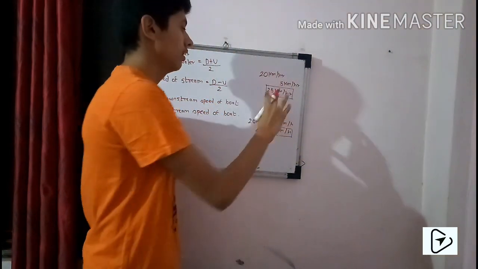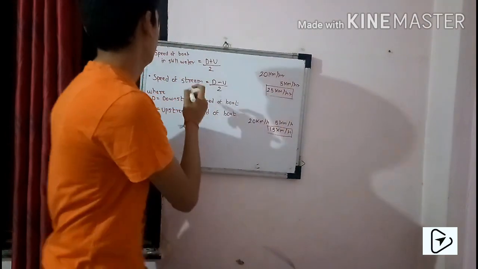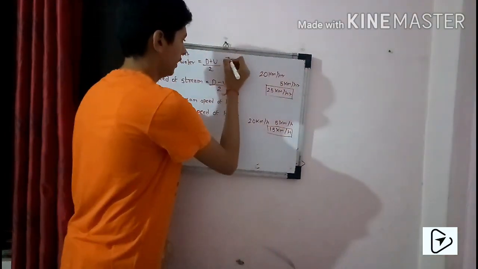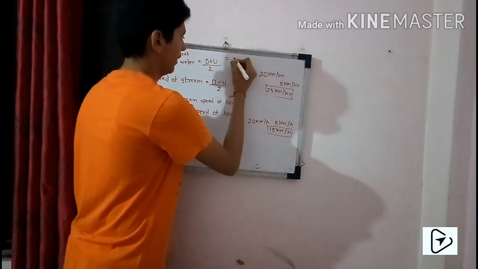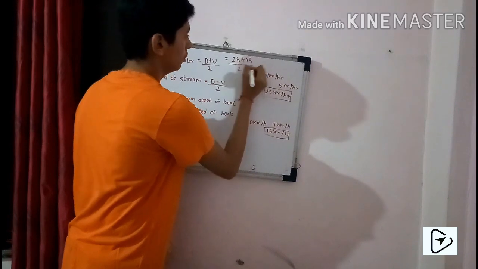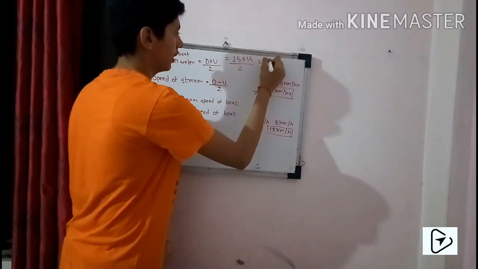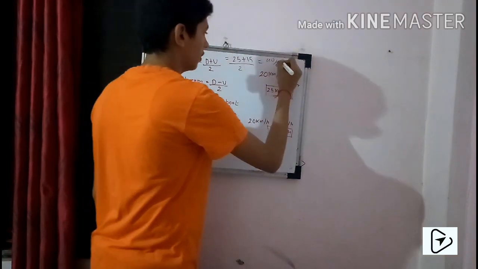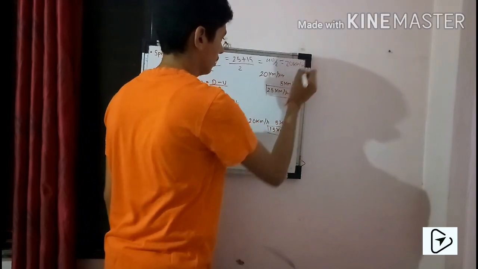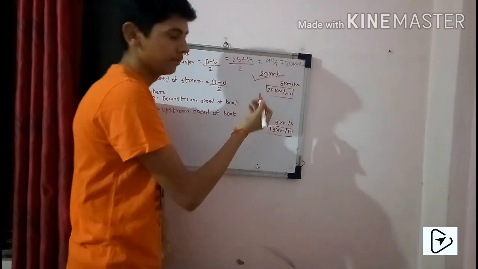Let us relate this with the formulas. We have to find the speed of the boat in still water. We put the values: (25 plus 15) divided by 2, which is 40 divided by 2, equal to 20 km per hour, which is the same as given.